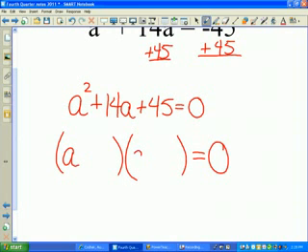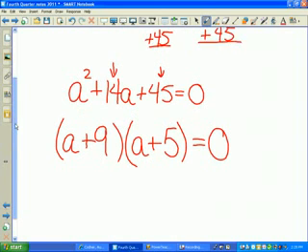And I'm splitting up my variable, which is A. So with the 45, what two numbers multiplied together will give me 45, and added together will give me 14? Hopefully you said 9 and 5, and they're both positive, because 9 times 5 will give me 45, and 9 plus 5 will give me 14.